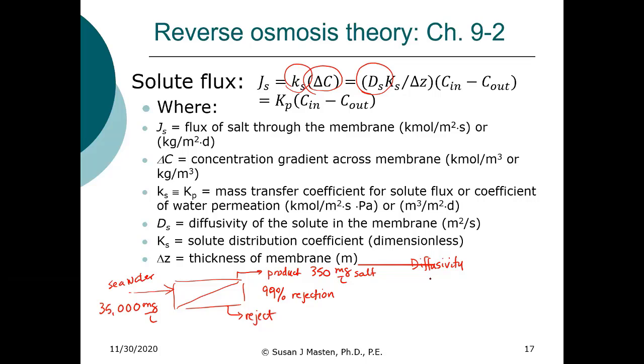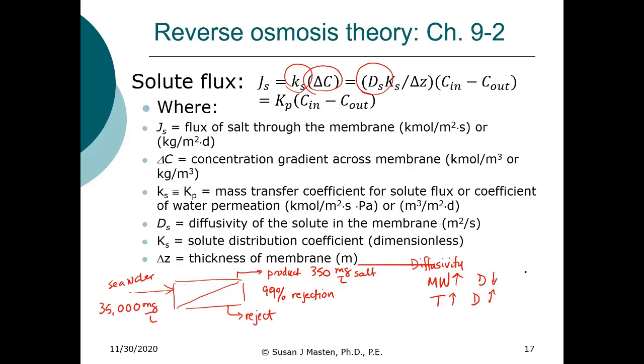The higher the molecular weight, the lower the diffusivity. The chemical is not going to diffuse either in air or water as rapidly if it's a higher molecular weight. As temperature increases, the rate of diffusivity increases.